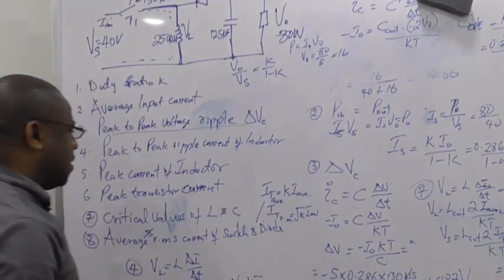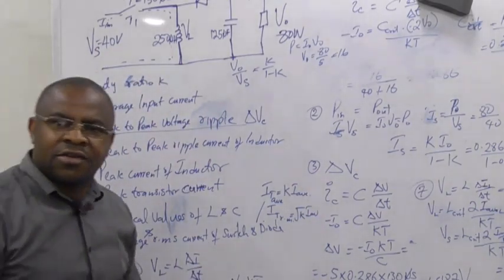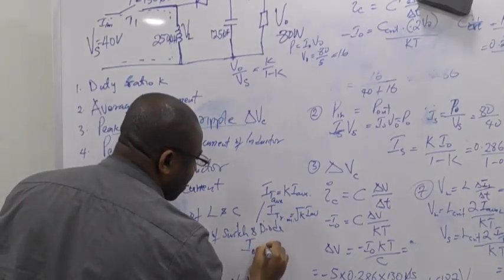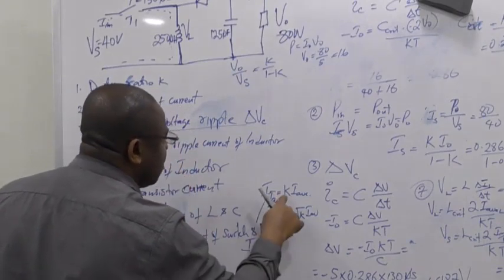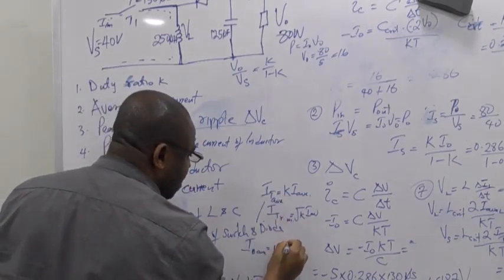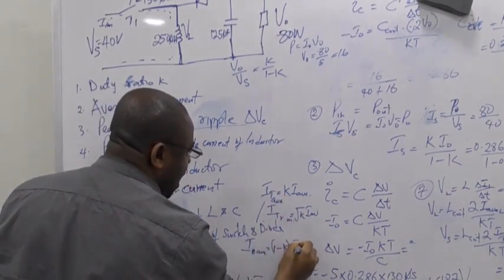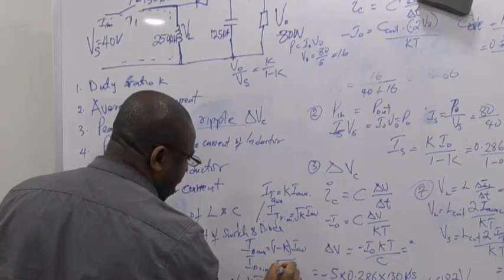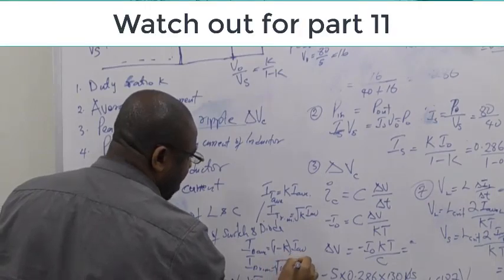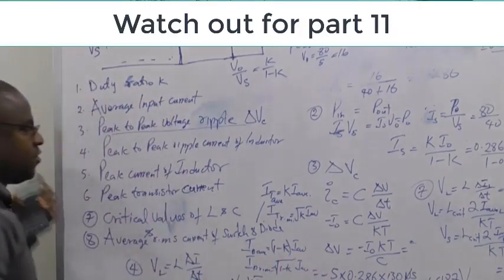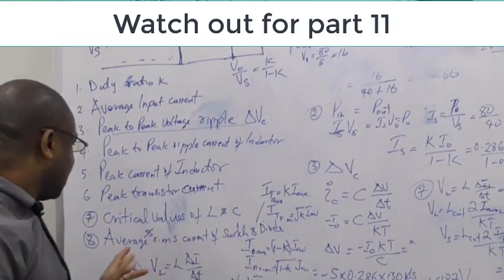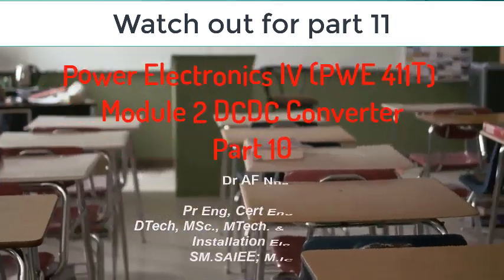For the diode, I diode average is 1 minus K times I average, and I diode RMS is the square root of 1 minus K times I average. So you can use that to get the answers for the last one. All right, so thank you very much.